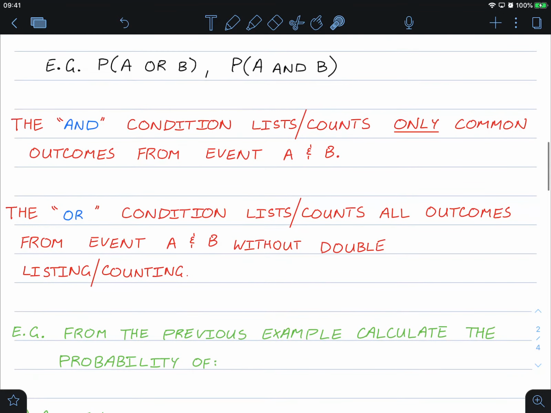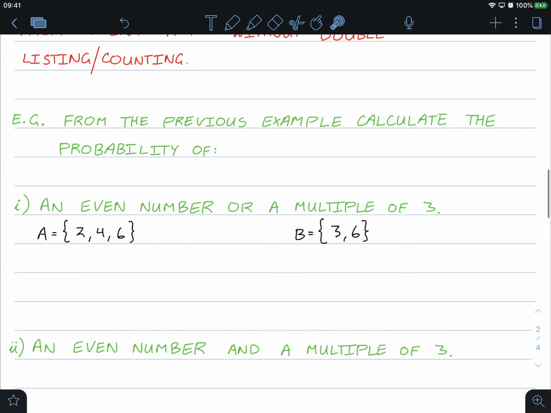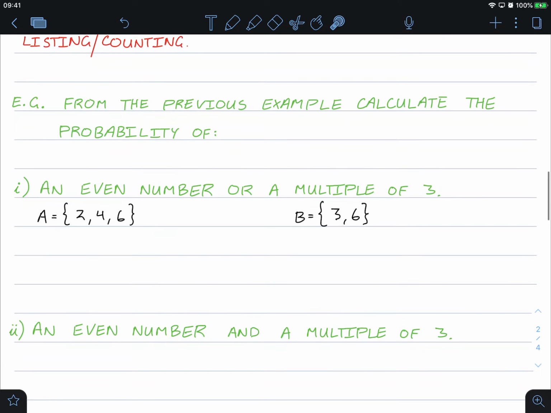The OR condition lists or counts all outcomes from events A and B without double listing or double counting. Let's do an example of this. From the previous example, let's calculate the probability of an even number or a multiple of 3.